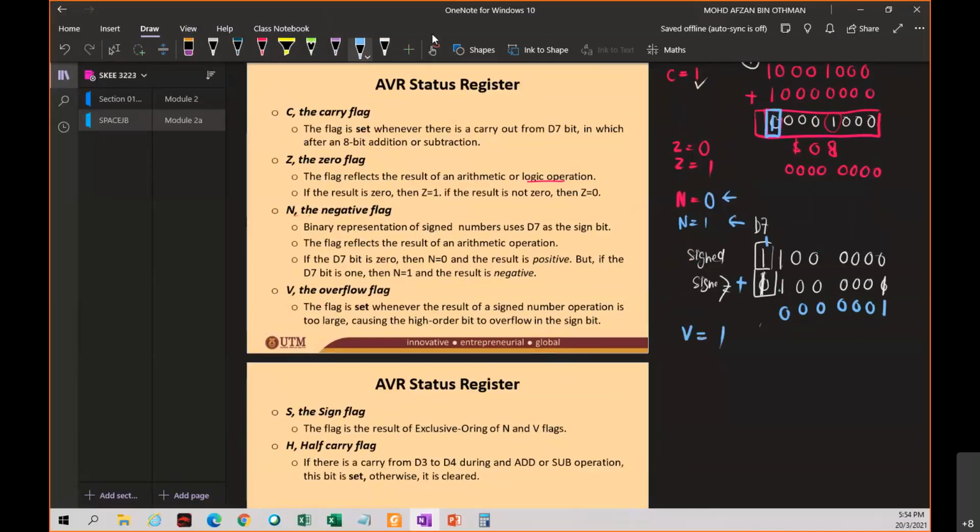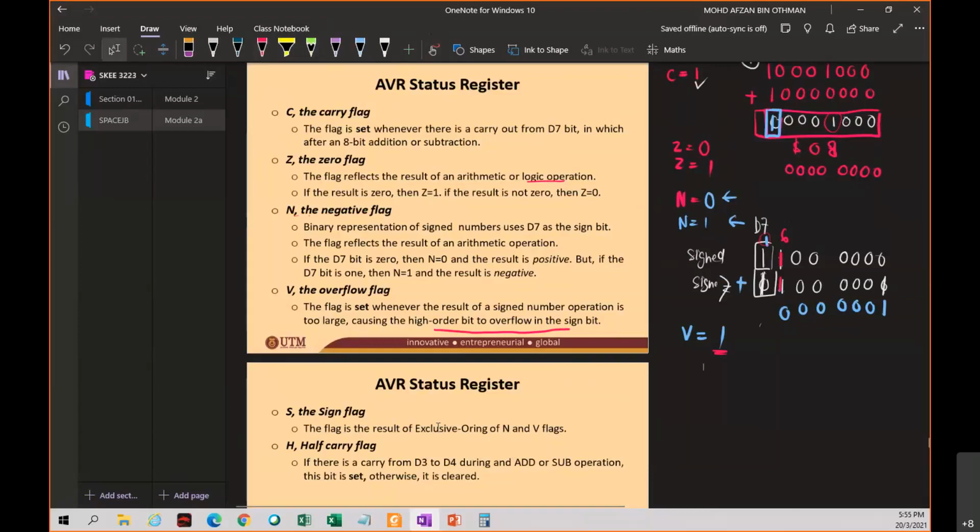So overflow becomes 1 because the result of the addition is too large and causes the high order bit to overflow into the sign bit. Where bit 6 earlier, when you add 1 plus 1, you get what we call the carry. So it gets a 1 going up here. So now the CPU knows that, okay, you have an overflow. That's why V equals 1.